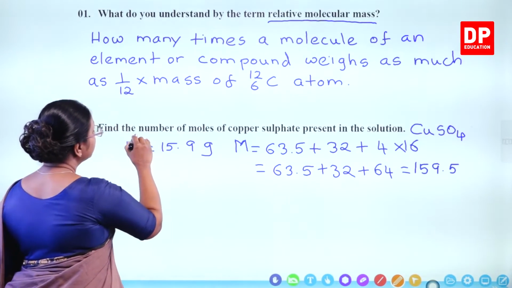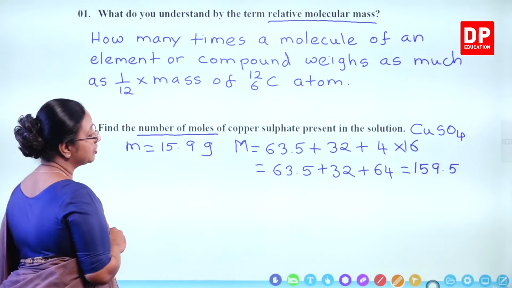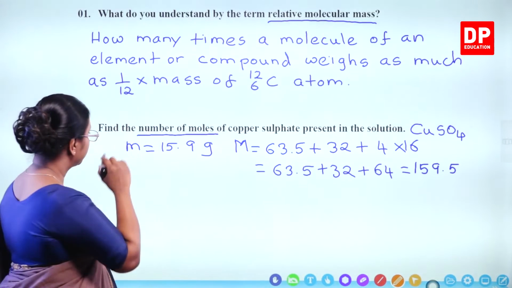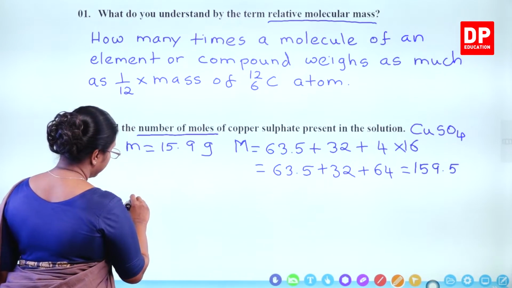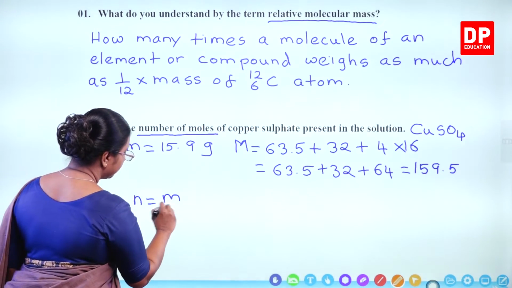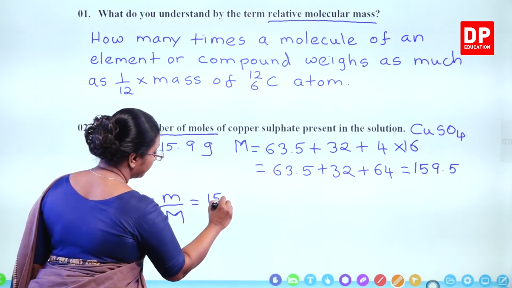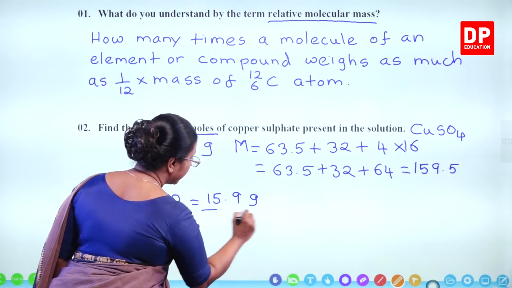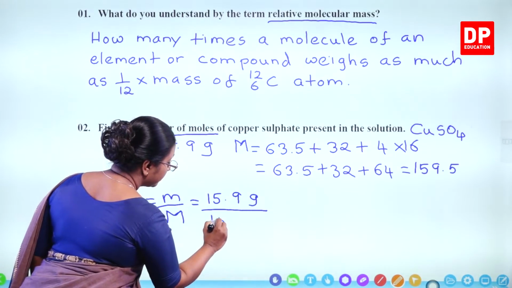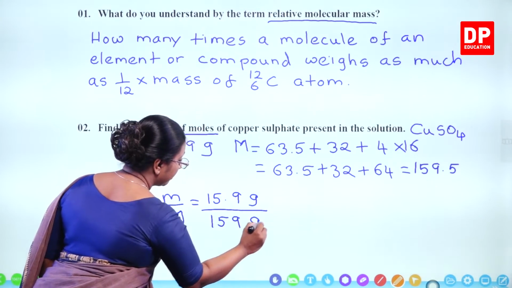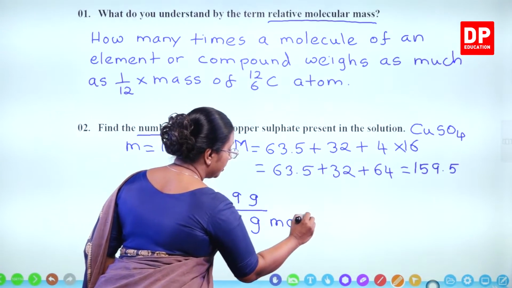Then what do we need to calculate? Number of moles of copper sulfate. So what do we do here? Number of moles equals mass over molar mass. Mass is given to you, 15.9 grams. What is the molar mass? 159 grams per mole.